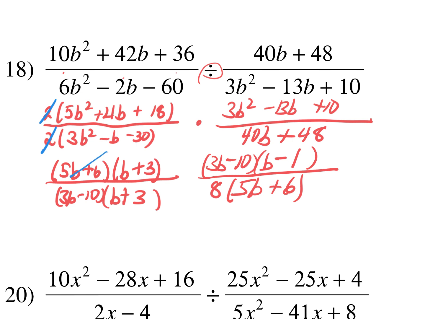I do see that this 5b plus 6 will cancel with that 5b plus 6. This b plus 3 will cancel with b plus 3. This 3b minus 10 will cancel with this 3b minus 10. And we're going to be left with b minus 1 in the numerator and then an 8 in the denominator.